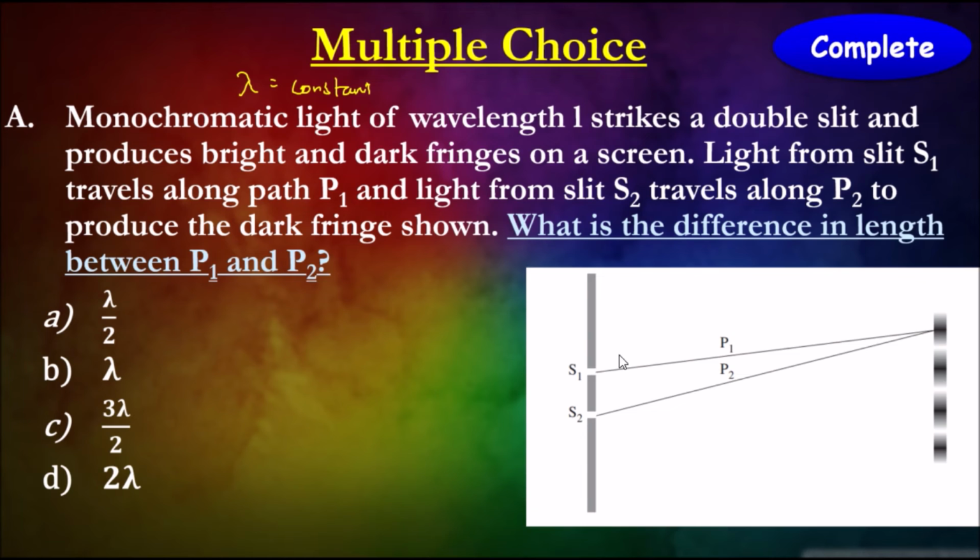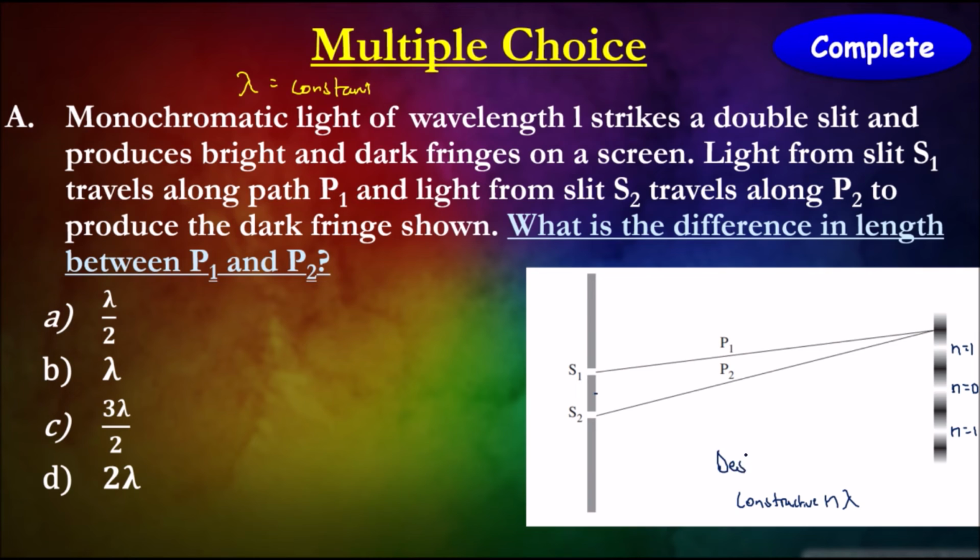So if we have a look here, our center bright band, from the looks of it, is this one here, N0. Okay, so our next bright band is N1. Remember, N1 is the same thing as saying n lambda if it's for constructive. So that's just one wavelength.